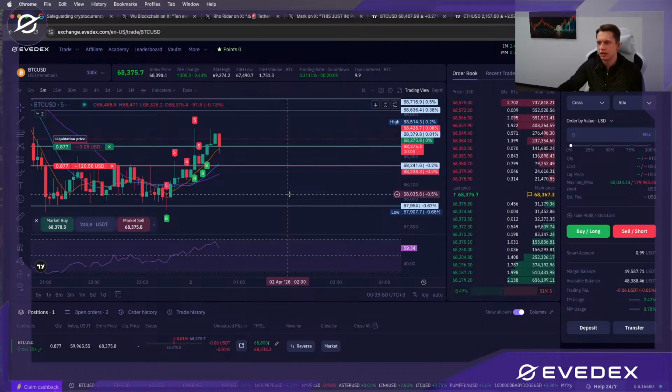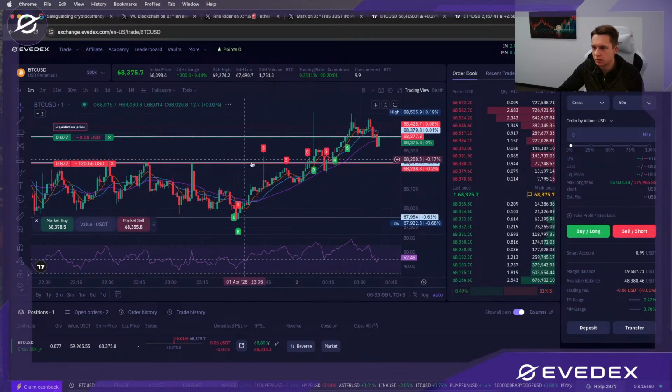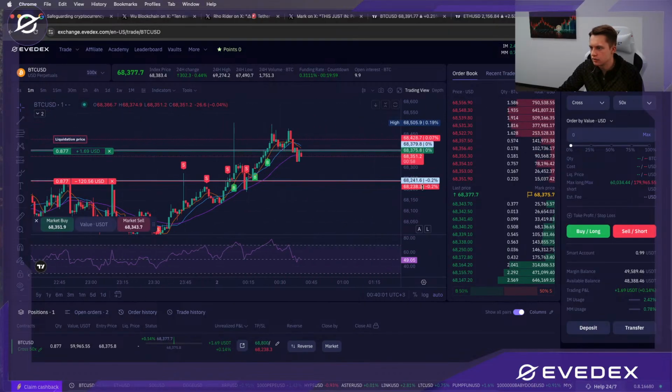And we've had a couple candles, like we've got one here, we've got one here. So this could just be one of those candles. Price has now come back as well, ever so slightly.